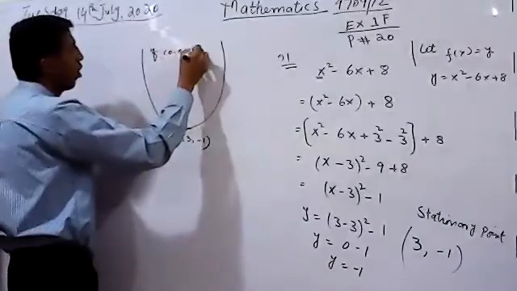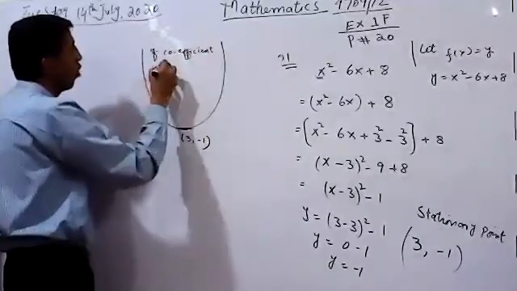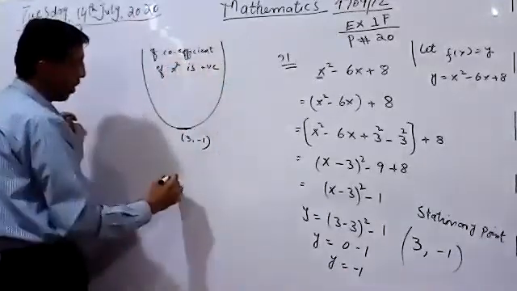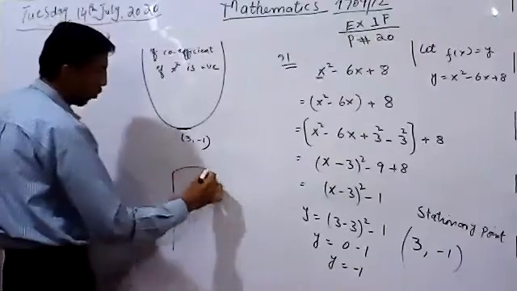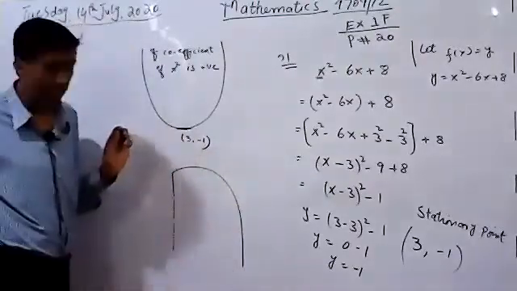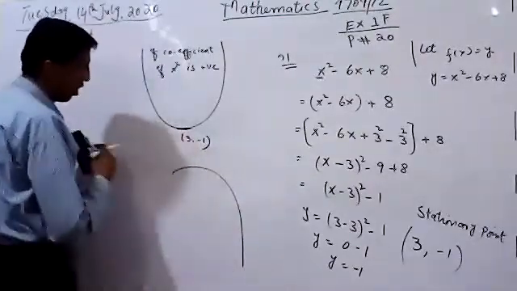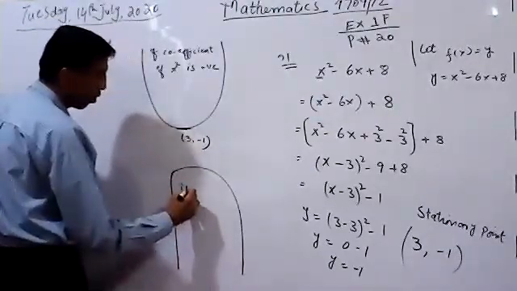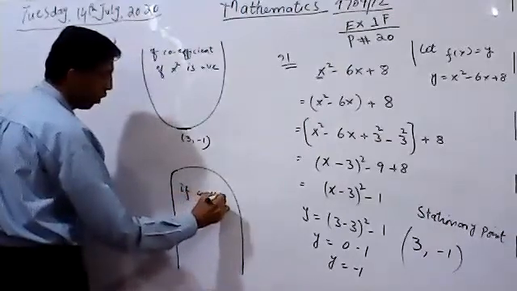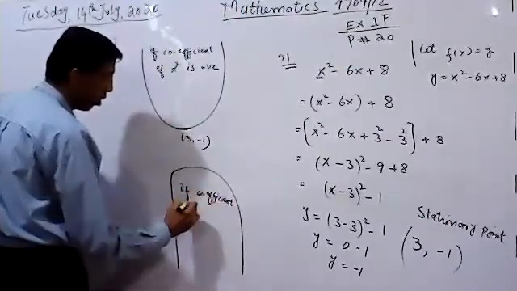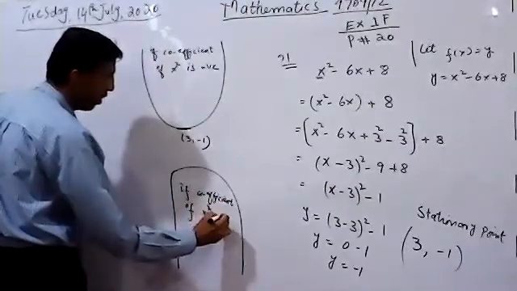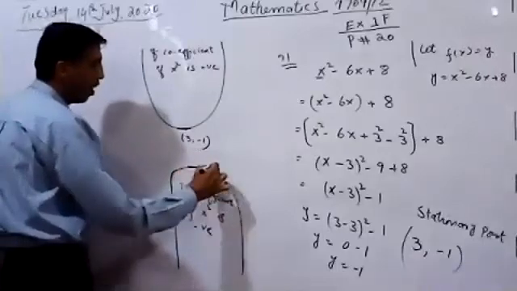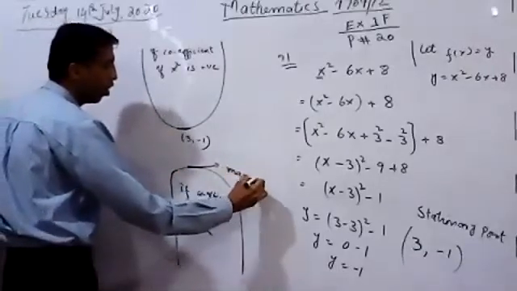If the coefficient of x square is positive, you get the U shape, and when the coefficient of x square is negative, you will get it in this form, inverted. If the coefficient of x square is negative, then this would be the maximum point.